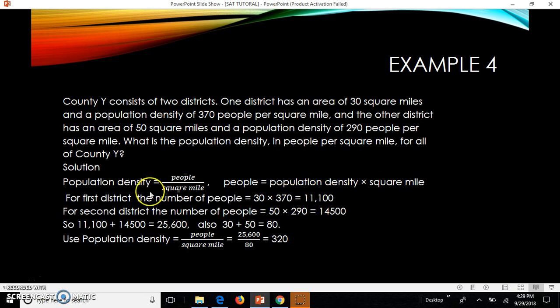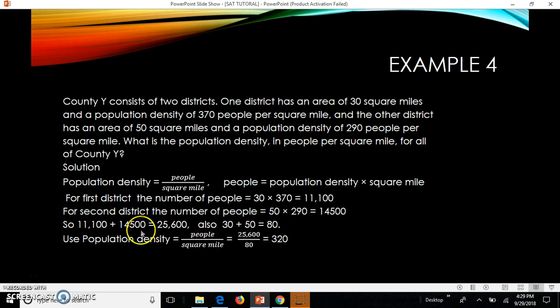You get this huge population. Then the second district, this is the 50 square miles multiplied by the population density, which is 290. Then you do that, you get this. By the time you add the two together, you get a total of 25,600. Also, you add the square miles together, which is 30 plus 50, which is 80.